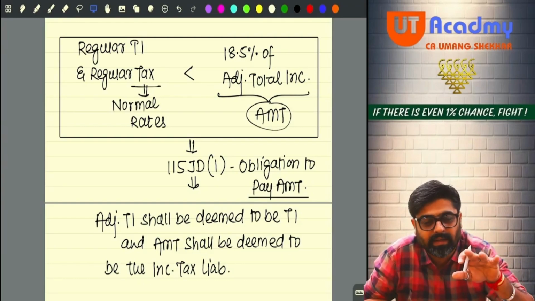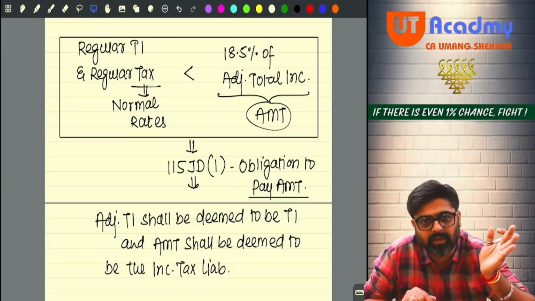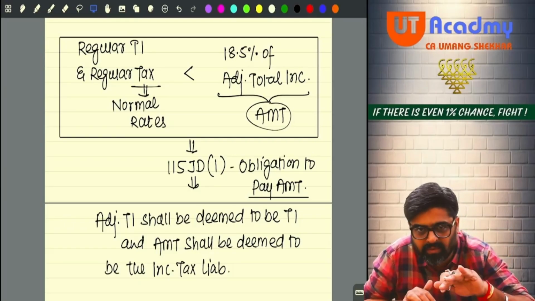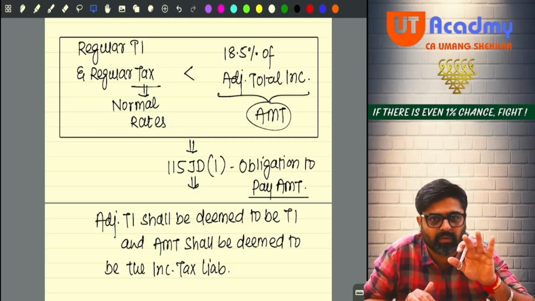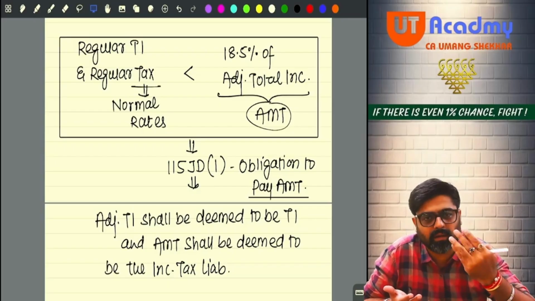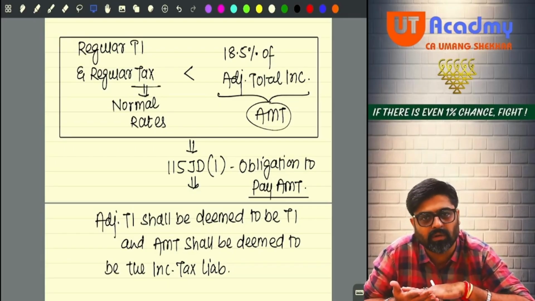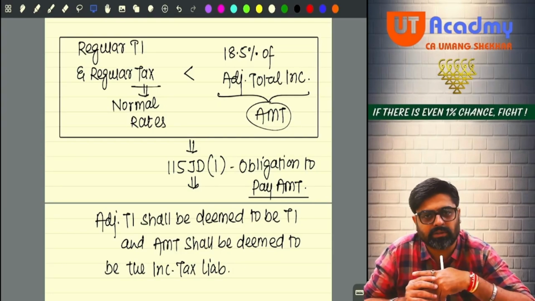But wait, the 35AD deduction was available for capital expenditure incurred on an asset. So for any asset acquired for a specified business, the entire cost of that asset was allowed under section 35AD. So if we are telling you to add back that 35AD deduction, it means we are not allowing that cost.